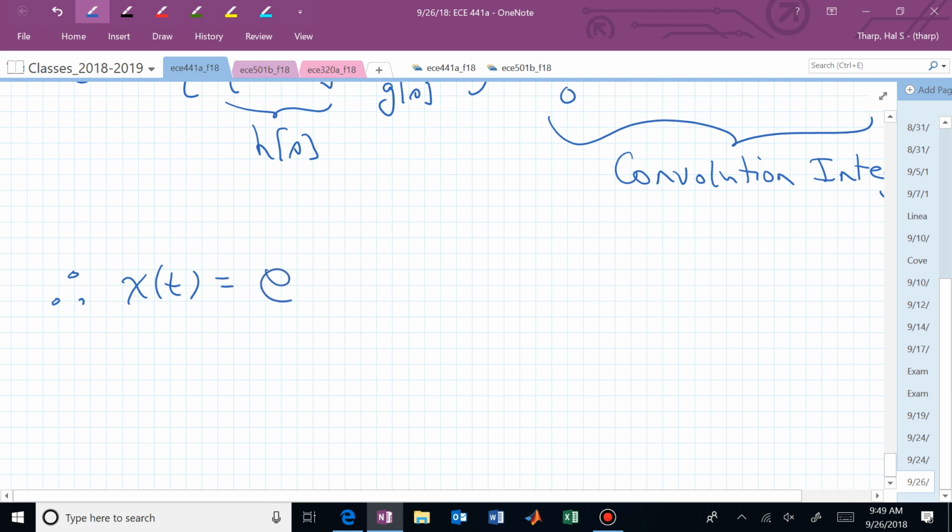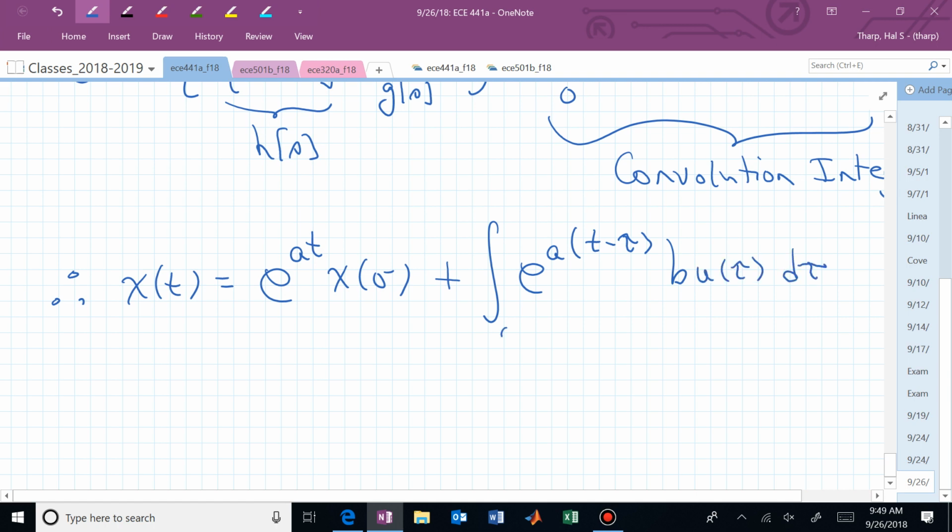X of t is due to an initial condition piece, and it's due to a convolution integral of that matrix exponential with the input, which is now e to the a t minus tau b u of tau d tau.